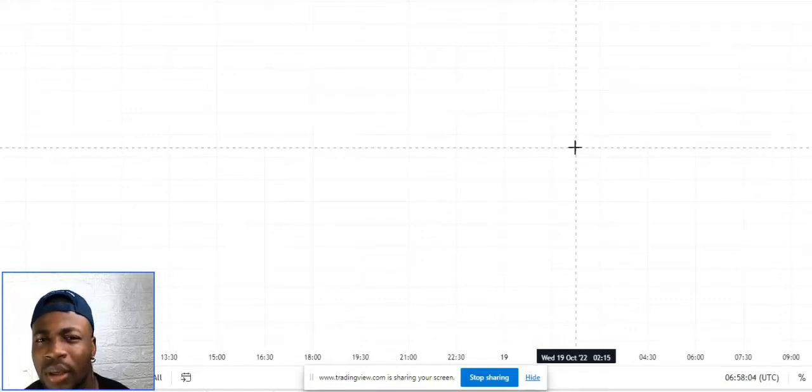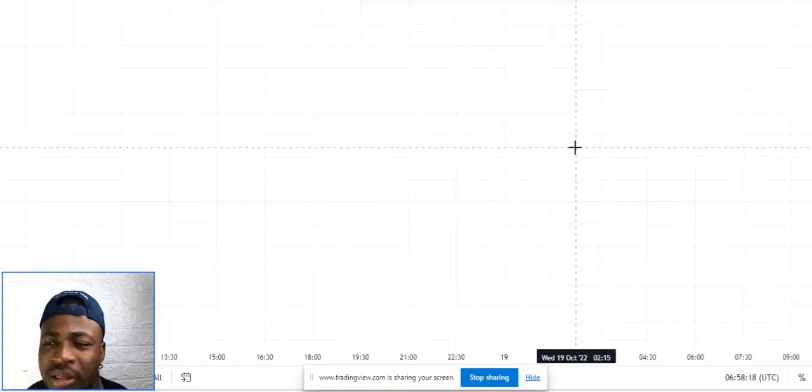So today we're just gonna talk about the whole scaling down process when it comes to trading and how I personally use that to my advantage in order to take a trade. For those of you who are not familiar with the scaling down technique, it is basically using the bigger picture in order to make decisions on the current situation that you're in.